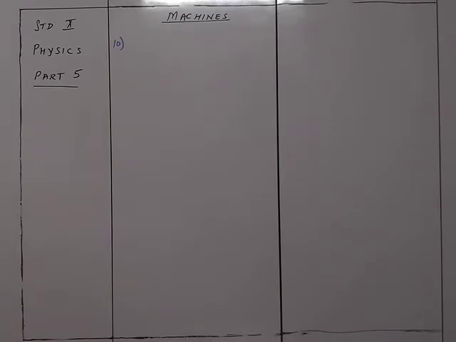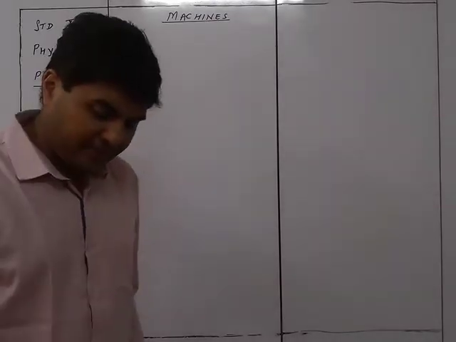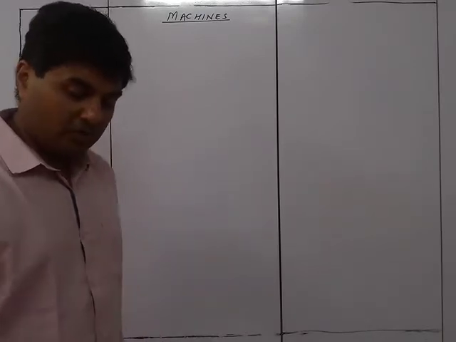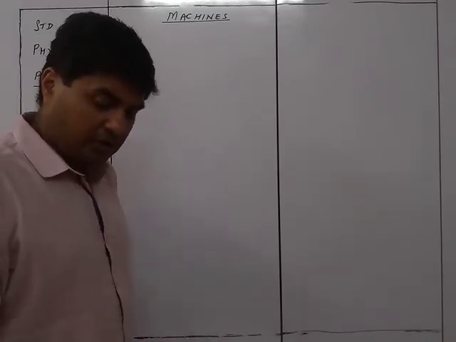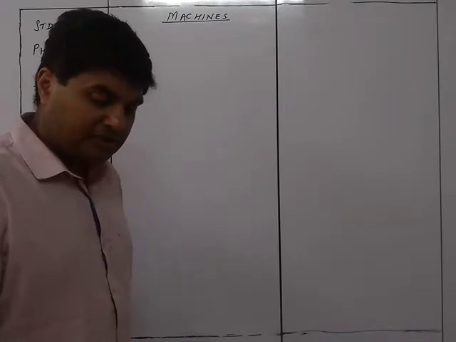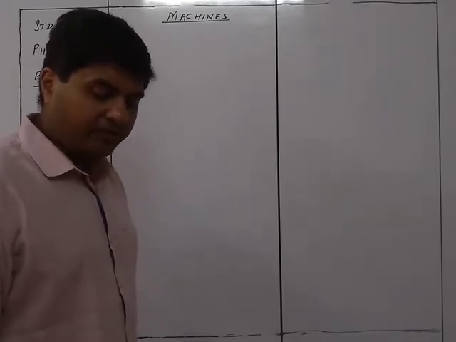So now we move on to sum number 10. In sum number 10, they have given us the wheelbarrow. There is a figure of the wheelbarrow over here. It shows a wheelbarrow of mass 15 kg carrying a load of 30 kg.